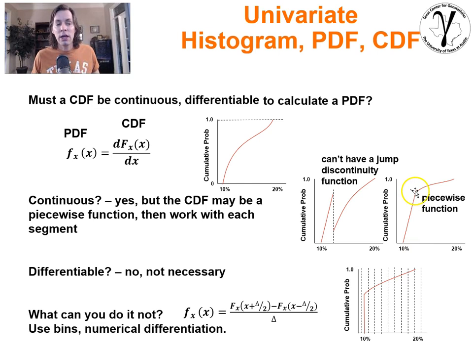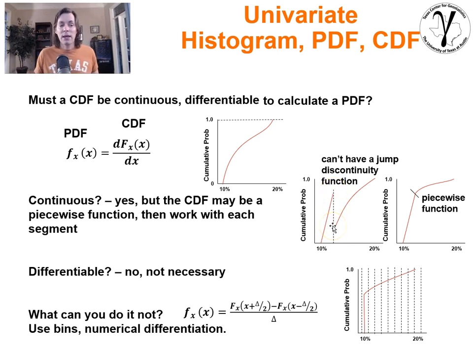There's a discontinuity here. It's not a jump discontinuity. It's just a discontinuity in the slope. So you'd work from here to here with the differentiation, and then here you'd start over again. And so that's not so bad. It would not be okay for a CDF to have a jump discontinuity, because you could be rising like this, you have a discontinuity, but it's a jump.